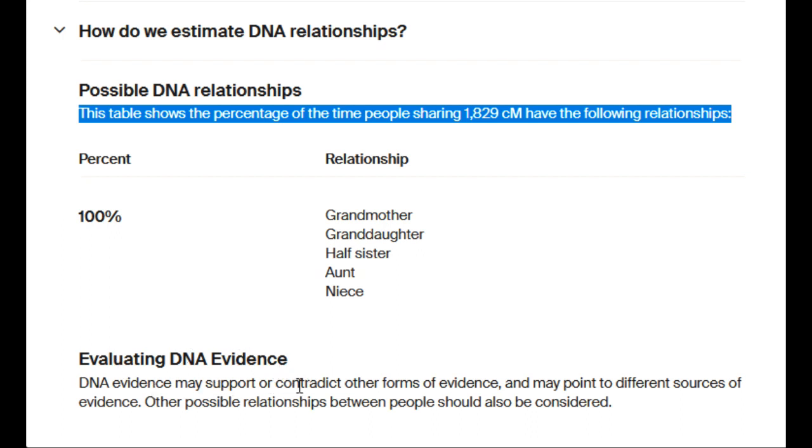DNA evidence may support or contradict other forms of evidence and may point to different sources of evidence. Other possible relationships between people should also be considered. Definitely. So you've got to consider all of this and maybe some other stuff, but normally one of these is right. And like I said, you have to think of different things as far as the person's age. I mean, is that relationship possible?